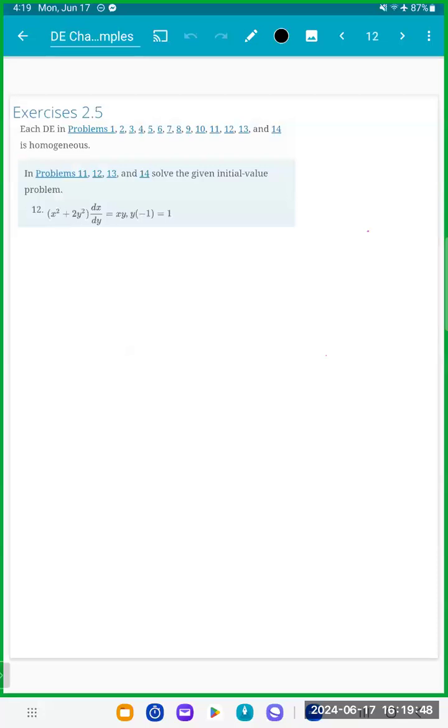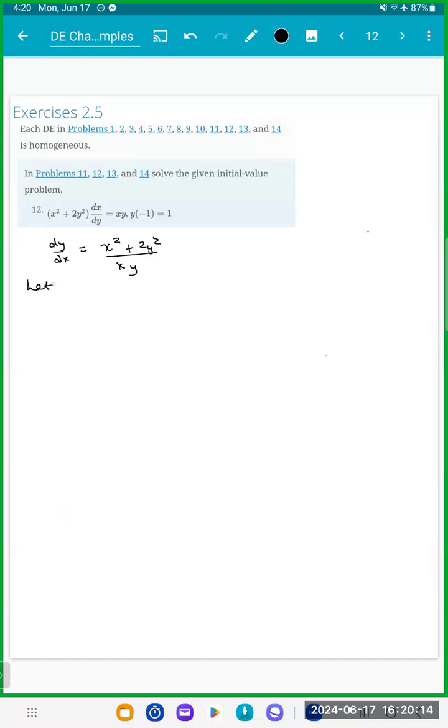This next problem coming out of section 2.5, we want to solve the given initial value problem. This is problem number 12. So we can rewrite this as dy dx is equal to x squared plus 2y squared over xy. Again, we're going to use substitution here.